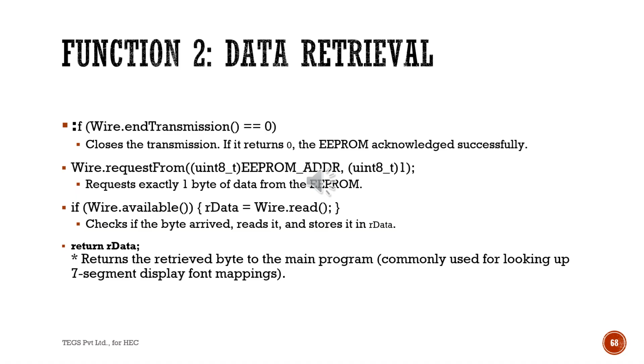Wire.requestFrom, and if Wire.available checks if the byte arrived, reads it and stores it in data. Return data returns the retrieved byte to the main program, commonly used for 7-segment display font mapping lookup.